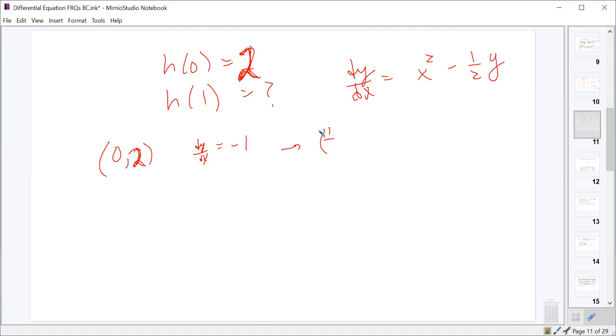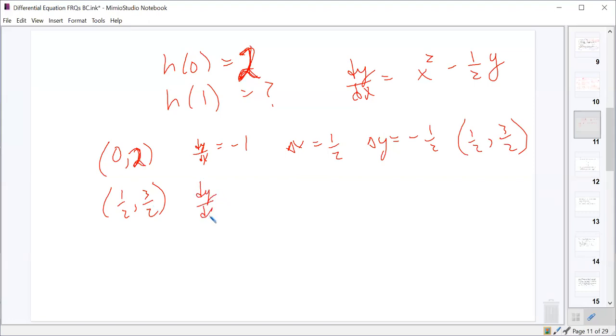I didn't multiply. Since our delta x equals 1/2, our delta y should be -1/2. And so our new point should be 1/2, 3/2, right? Going from 2 down 1/2 to 3/2. So we got 1/2, 3/2.